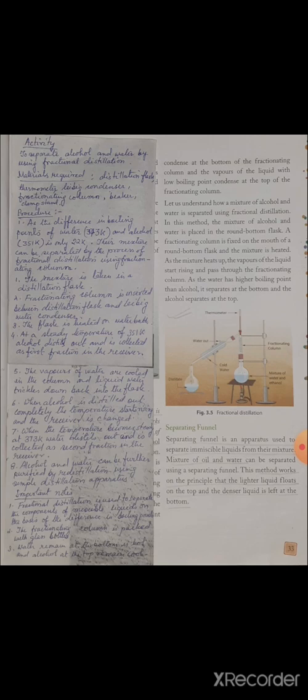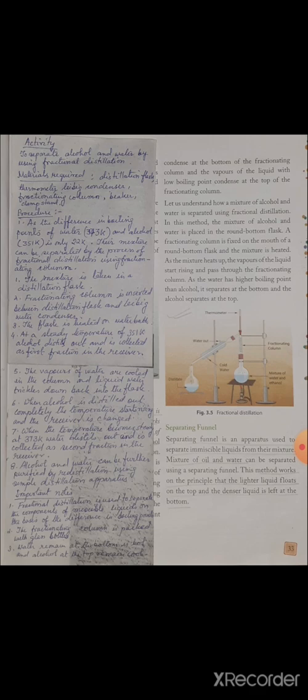Alcohol distills out and is collected as the first fraction in the receiver. The vapors of water are cooled in the column and liquid water trickles down back into the flask. When alcohol is distilled out completely, the temperature starts rising and the receiver is changed.